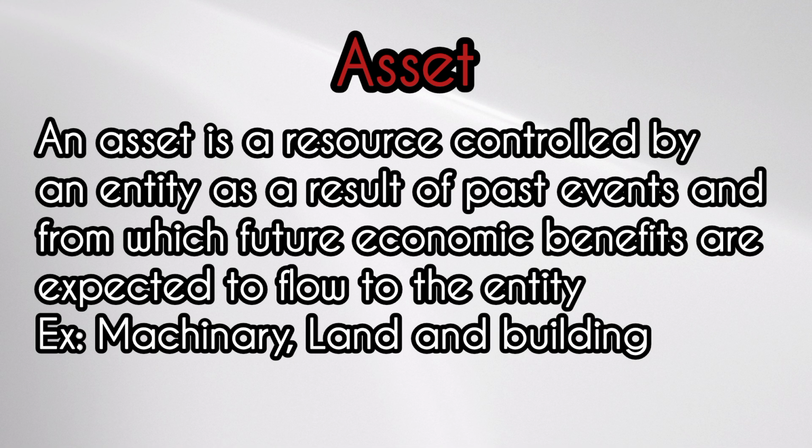If I say an example, a machinery, land and building, etc. So, in the modern definition, it says that an asset is a resource that is controlled by an entity, that is not actually owned by an entity, but it is controlled by an entity. Why is it called controlled? Because it's not necessary that we need to own it. If the asset is available on lease, we can use that way also. So it can be either owned or leased by the entity.